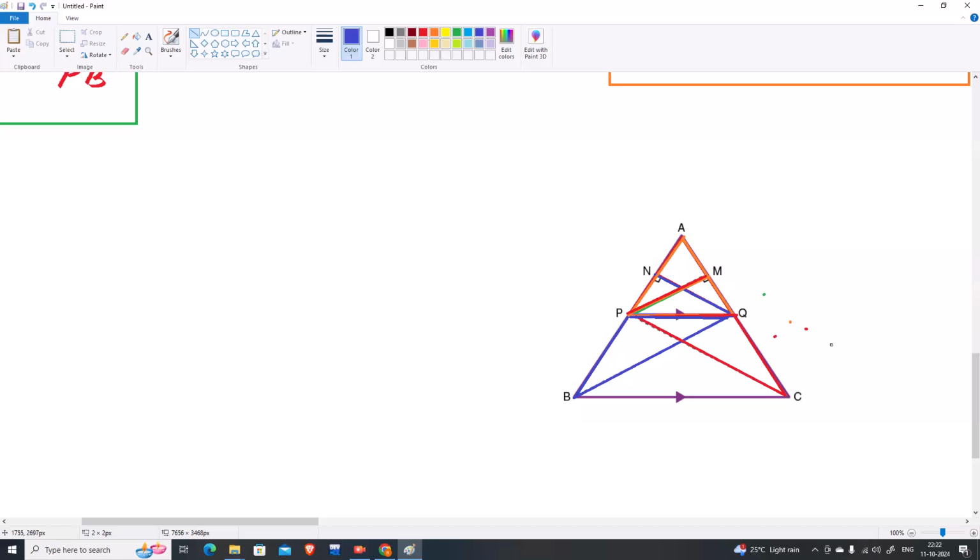So when you observe the blue color triangle and the red color triangle, both the triangles have a common base. Which is the common base? PQ is the common base, and they are between the same parallels also.